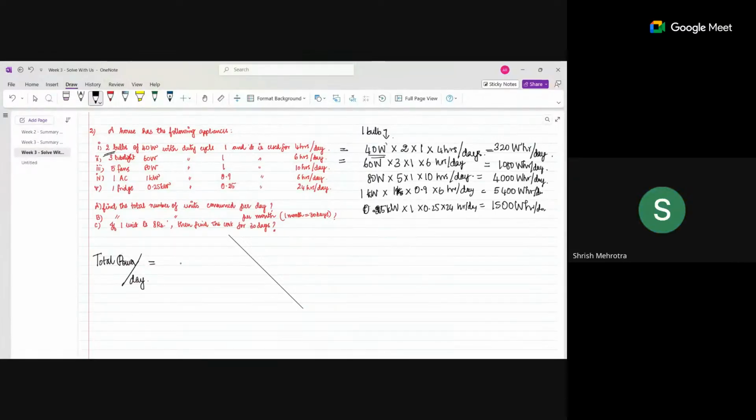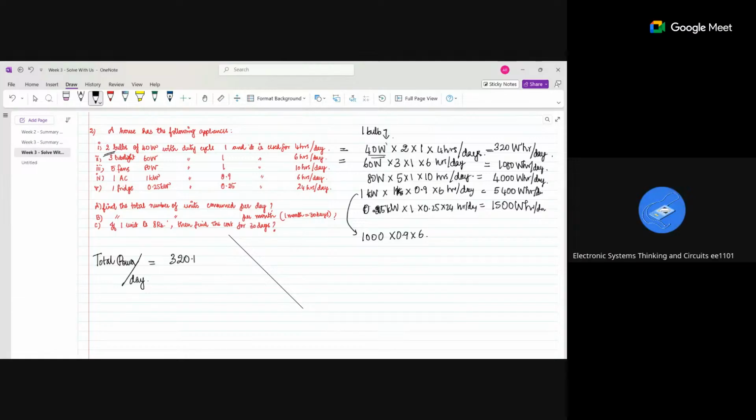Then the last two should be in kilowatt hour because power is given in kilowatt. What I did is I did 1000 into 0.9 into 6, converting kilowatts into watts.